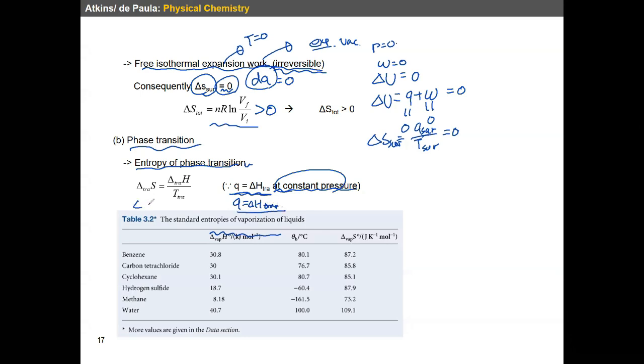So we can say the entropy change of transition is Q transition over T transition. Then this is the delta H. So we can say that delta transition S equals delta H transition over T transition.